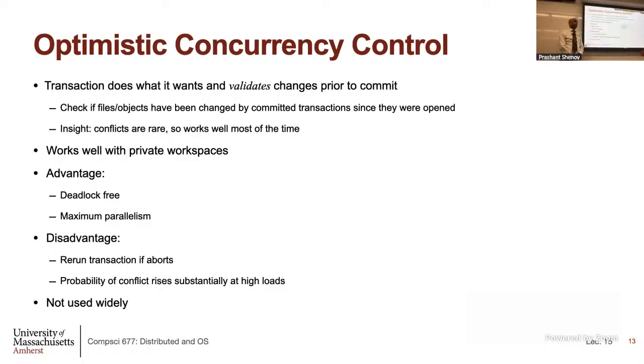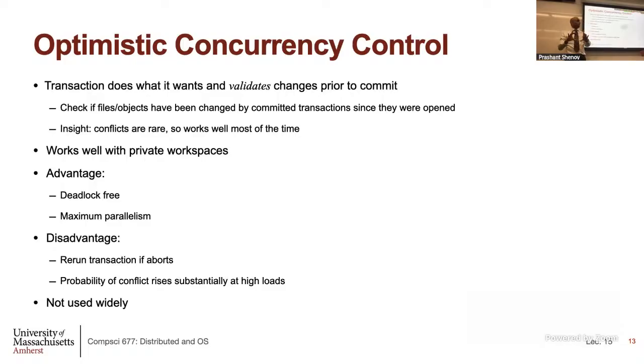There's no locking at all. The question is, if you have no locking mechanism, how will you track if the same data has been touched by multiple transactions? You can do this in a number of ways. If you have private workspaces, you have your own copy.